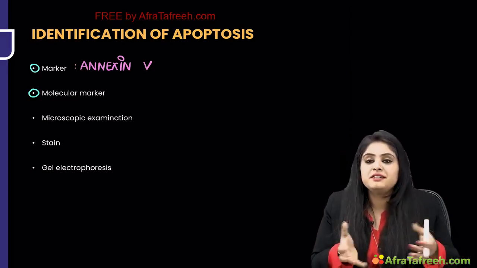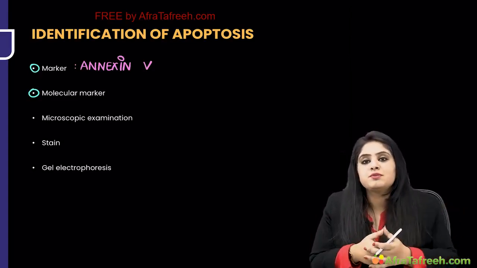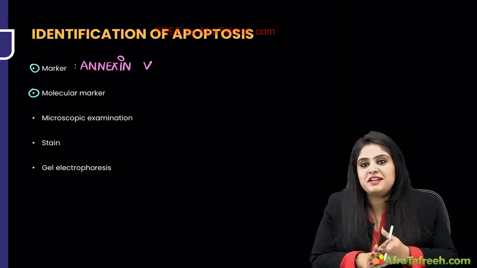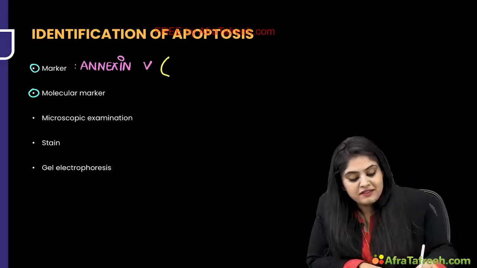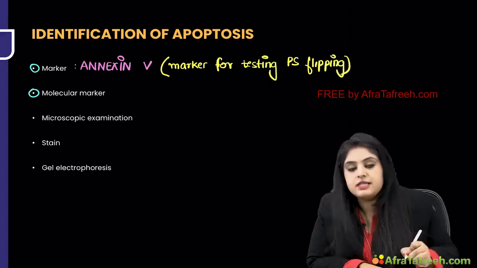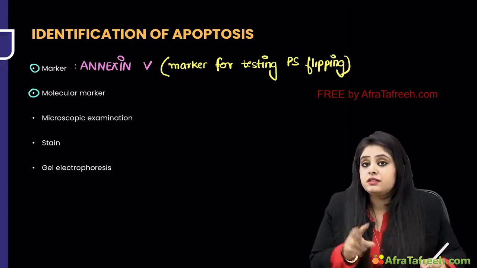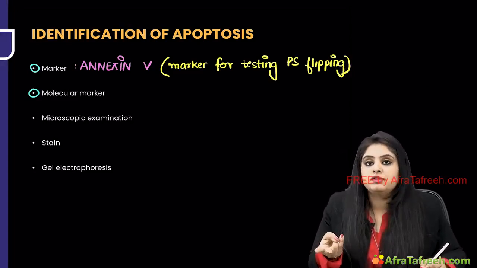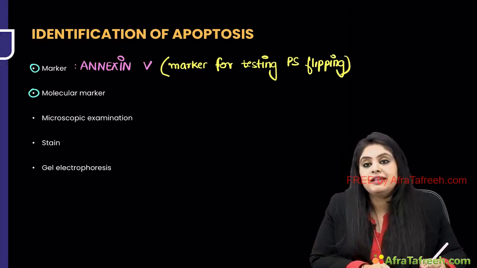You'll suddenly ask me that we've studied so much of details of apoptosis and never did I mention annexin 5 anywhere. So what is annexin 5? Annexin 5 is a marker for testing the PS flipping, that is the phosphatidyl serine flipping. So that inside to outside flip that I was talking about, that is tested by annexin 5.